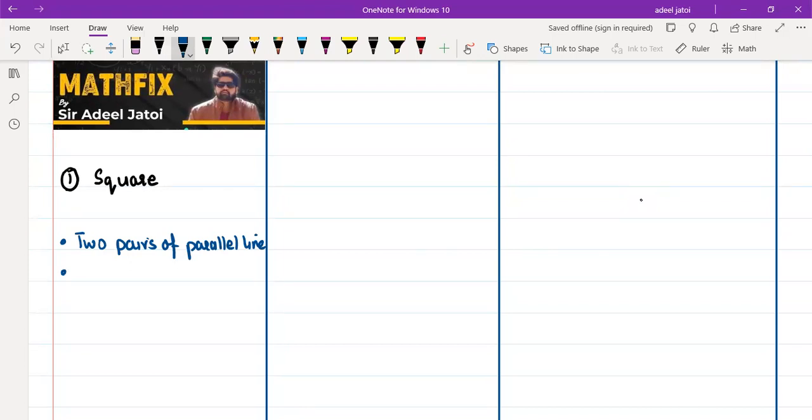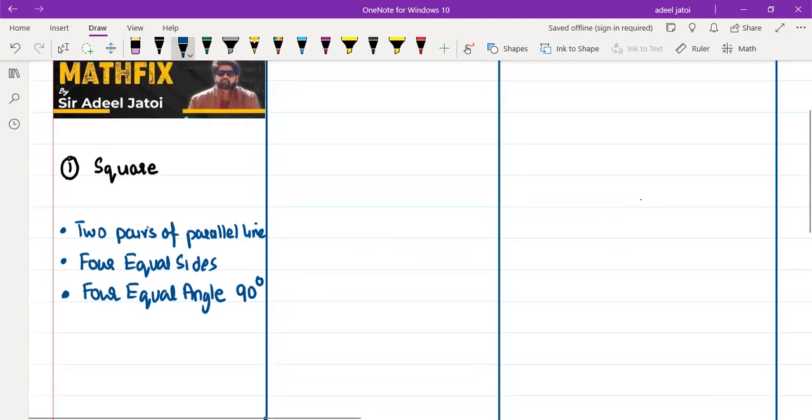Number 2, four equal sides. Number 3, four equal angles, and each angle is equal to 90 degrees.